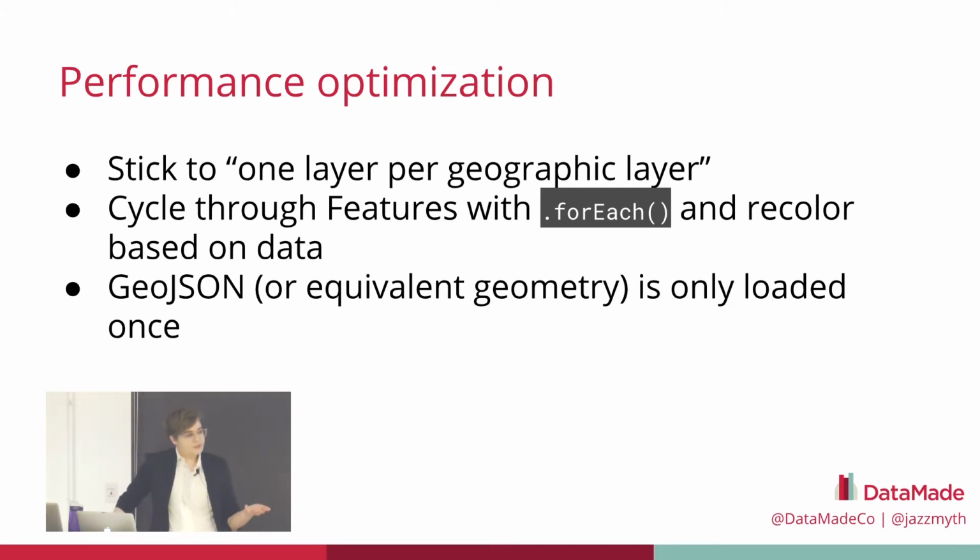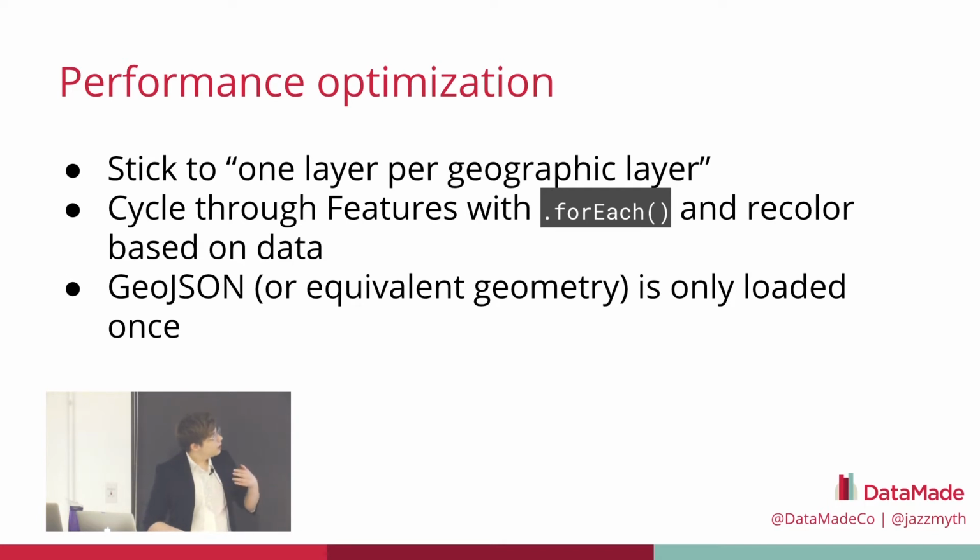So for performance optimization, I just said, when you have a lot of geographic data, that can take a long time to fetch and load each time. So if we're sticking with our one layer per geographic layer, let's say you have Chicago community areas, and you want to show population, and then you also want to show another cool thing that you would show with a choropleth.